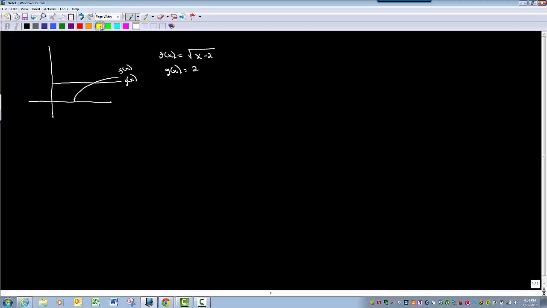Okay, and what we're trying to do is take this area right here and revolve it around the x-axis. Now here, this is obviously 0. This is up at a height of 2. And this guy over here doesn't start until 2 over, right? Because if you plug in 2, you get 2 minus 2, which is the square root of 0. So that's this guy right here. Okay, so that's here.